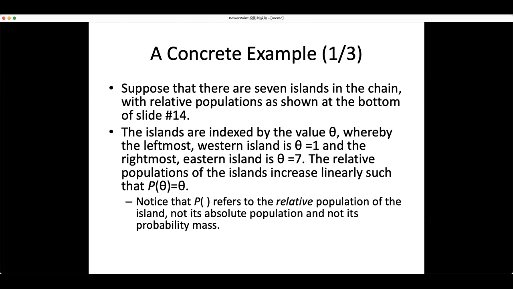Let's assume the first island has 100 population. The second island has 200 population. Island 3 has 300, and so on. So the ratio is 1 to 2 to 3 to 4 to 5 to 6 to 7, exactly matching the number on the island. This is obviously just an example.